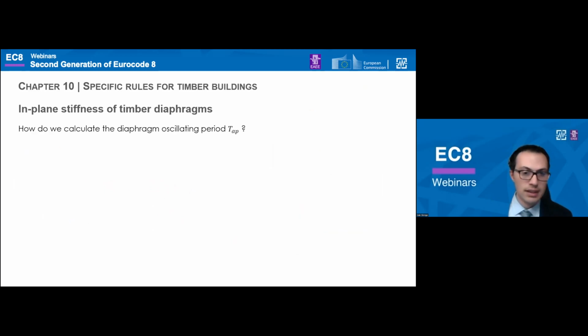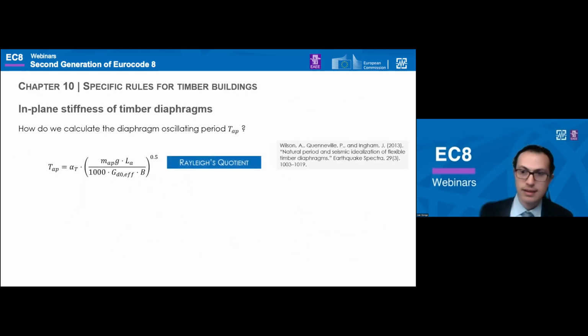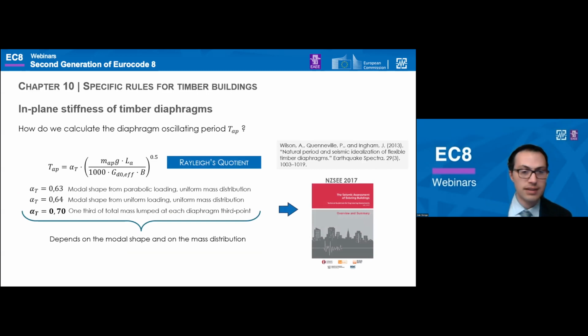So at this point, the natural question is, how do we calculate the diaphragm oscillating period? And consistently with the equivalent beam schematization that I mentioned earlier, we adopt the Rayleigh's quotient that you see reported here, where the coefficient alpha t depends on the assumptions made on the load and mass distributions.